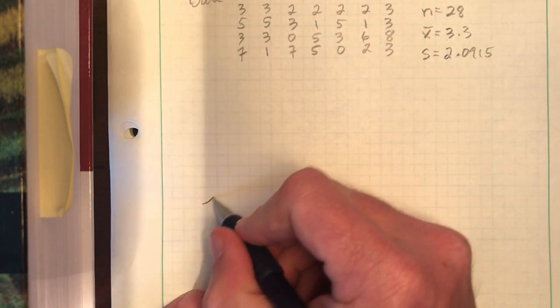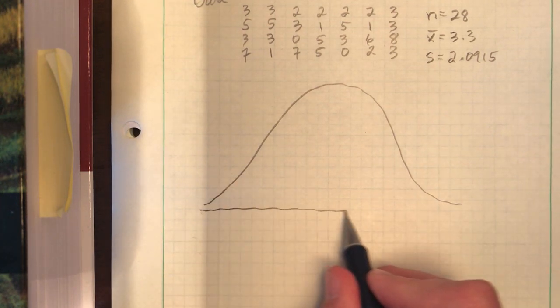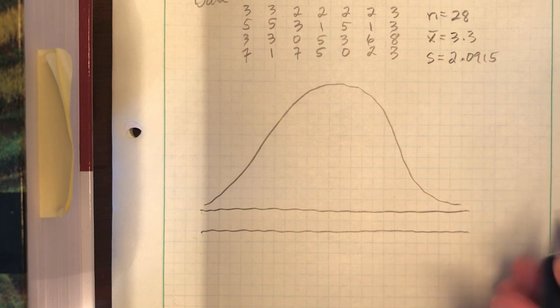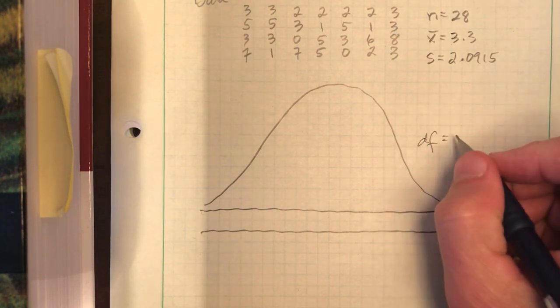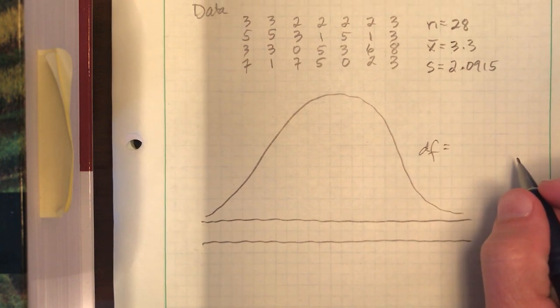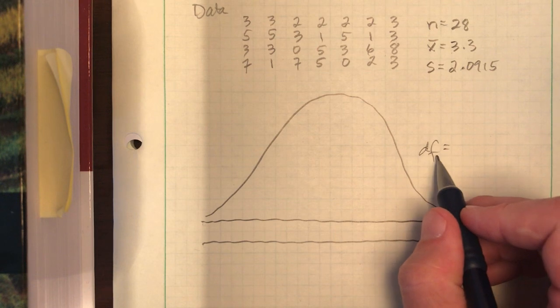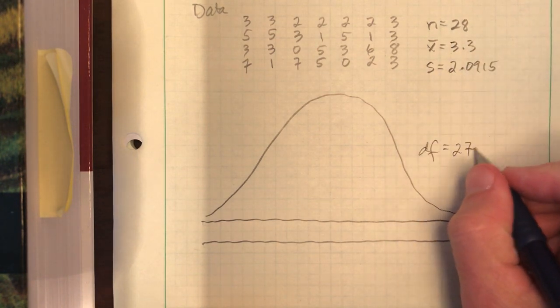Again, a bell-shaped curve. Is this a normal curve? No, it is not. It's a close cousin called a T-curve. Let's see if you can tell me the degrees of freedom before I write it down. Has something to do with this sample size. So I think my degrees of freedom would be 27. Always one less than the sample size.